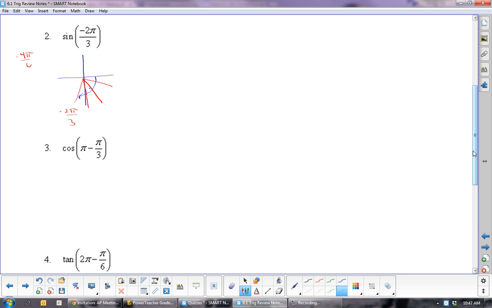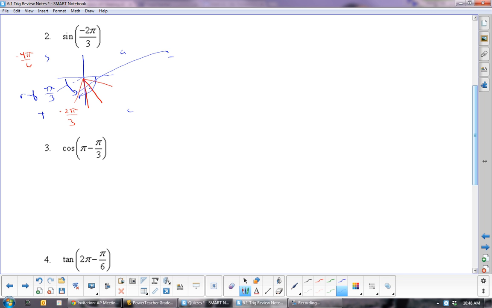So this way would be 2 pi over 6, or pi over 3, would be my reference. So I put my CAST rule. I'm looking for sine in quadrant 3, so sine is negative.